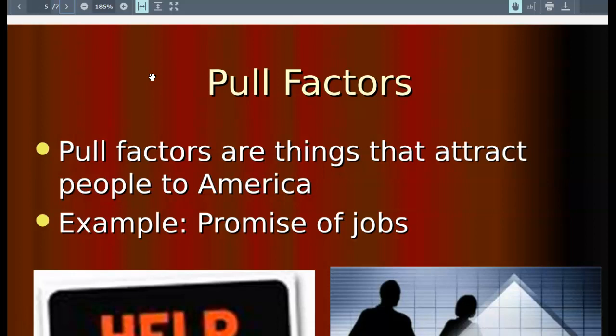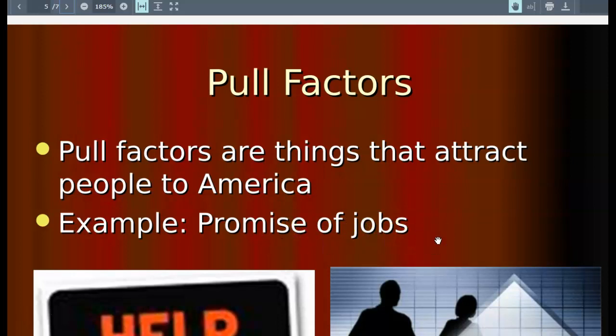At that point, one of the biggest things that attracted people to the United States was the promise of jobs. If they were specifically suffering from a poor economy in their old country, they may have been hearing that the United States has lots of jobs, let's move there.